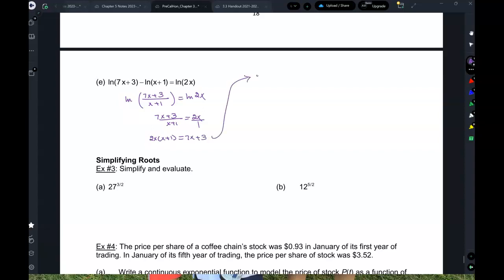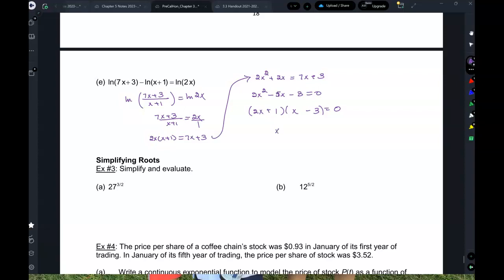So if we distribute, 2x squared plus 2x equals 7x plus 3. Bring everything to the same side: 2x squared minus 5x minus 3 equals 0. So 2x and x. I want to put a negative 3 on the second one and a plus 1.